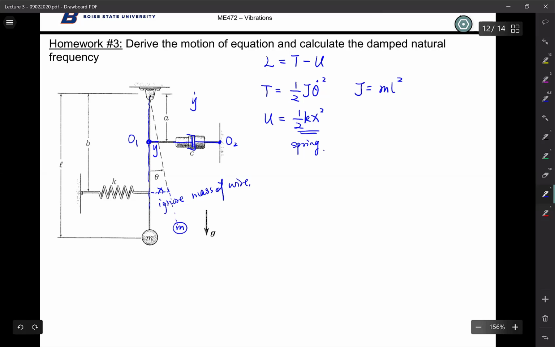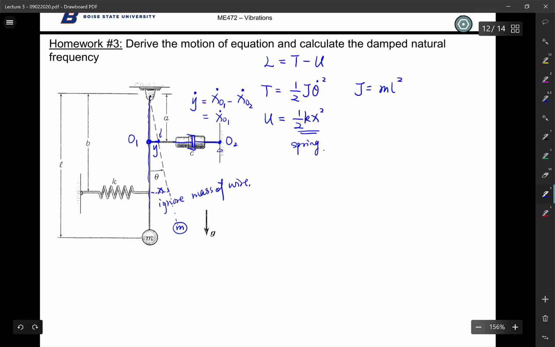The velocity y is just the velocity at O1 minus the velocity at O2, because in a single degree of freedom system, one of the nodes is going to be stationary for sure. In this case, your node O2 is fixed, so it's directly x01 dot. That means your relative velocity is directly the velocity of this node.